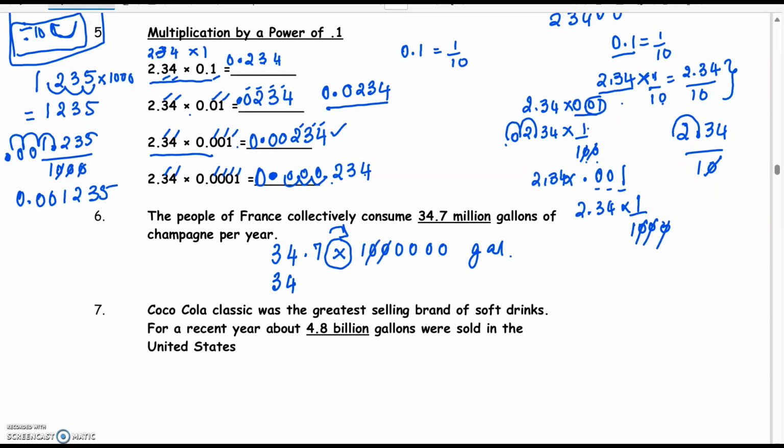So we have 1, 2, 3, 4, 5, 6 place values to the right. If I shift 1, the decimal point ends here. I've already shifted 1 place value to the right. I need to shift 5 more, which means I have to add 1, 2, 3, 4, 5 zeros. Make sure you practice this. This is a technique that makes it a lot easier than using a calculator for this sort of calculation.